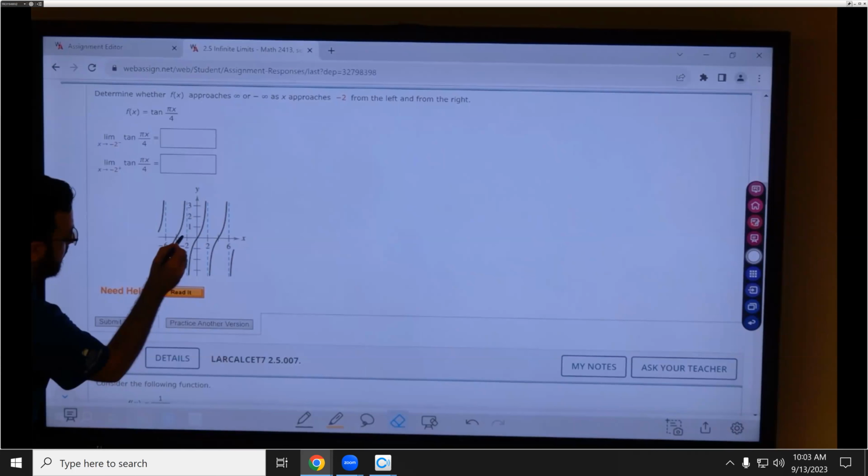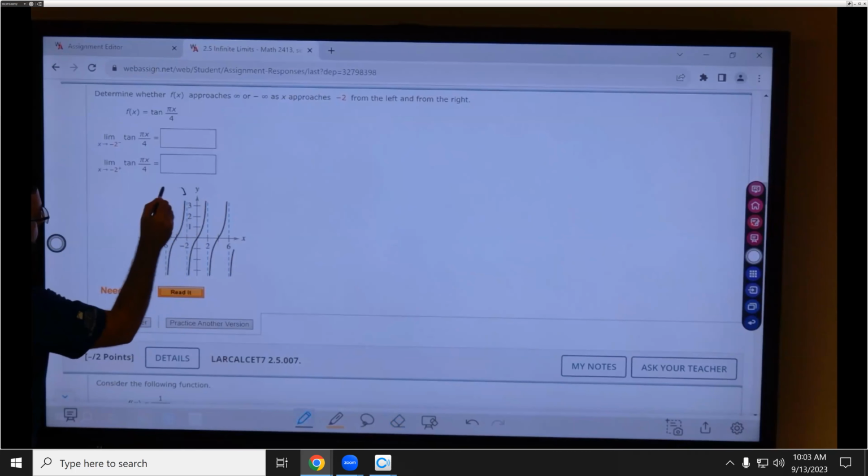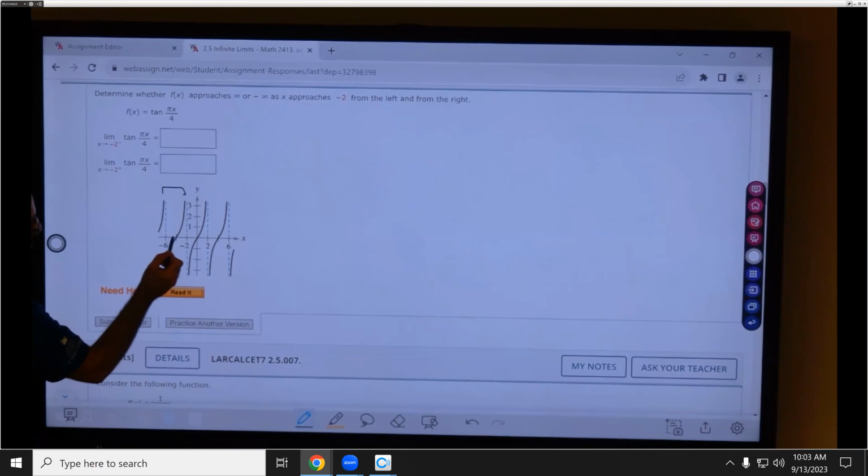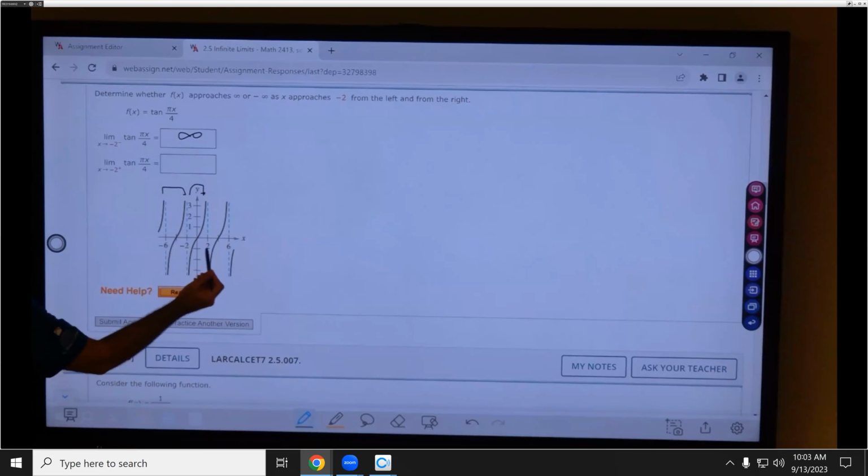The limit when approaching negative 2 goes where? Infinity. Now from the right side, I'm gonna look at this part. The limit on the right side approaching negative 2 goes where? Negative infinity.